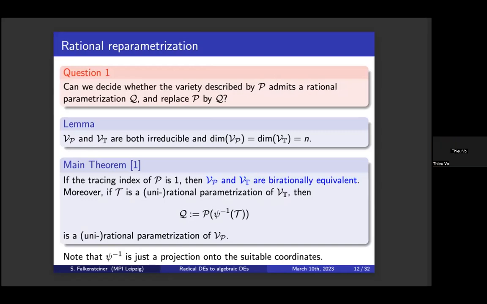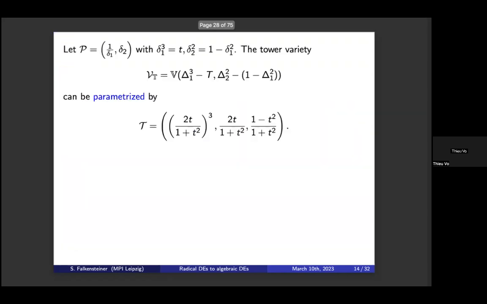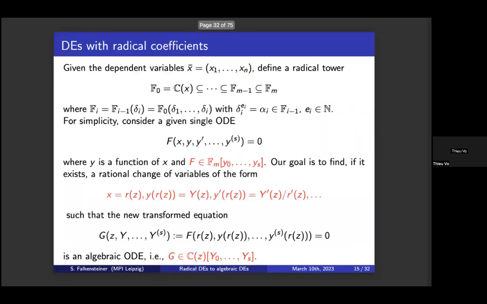Okay, another related question. If we are given a radical differential equation of that form, meaning the radical appears only in the coefficient, then we are always in the case that the tower variety VT is computable from the original equation, right?